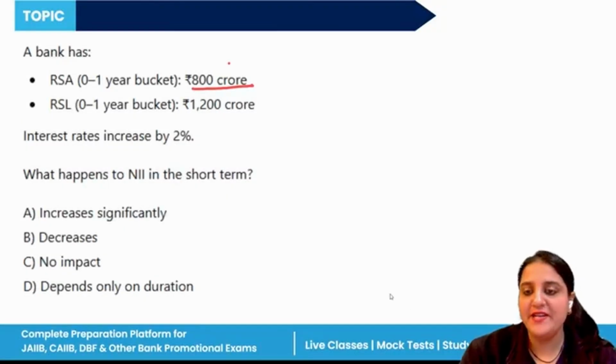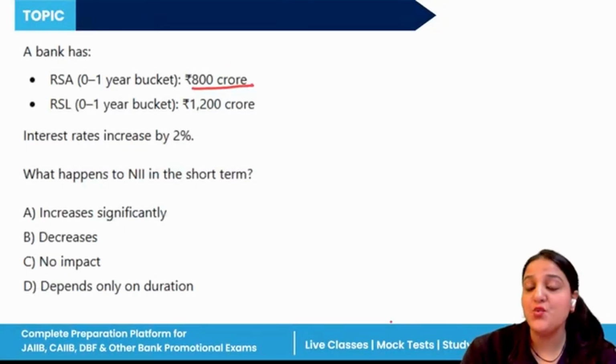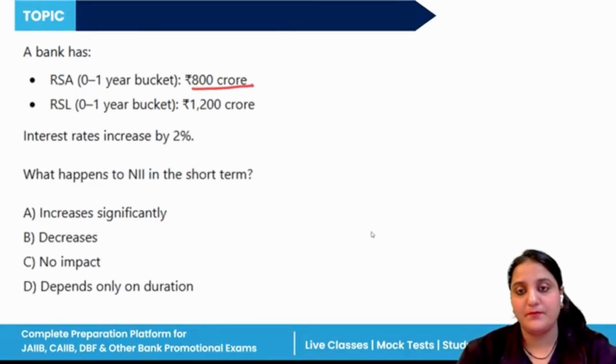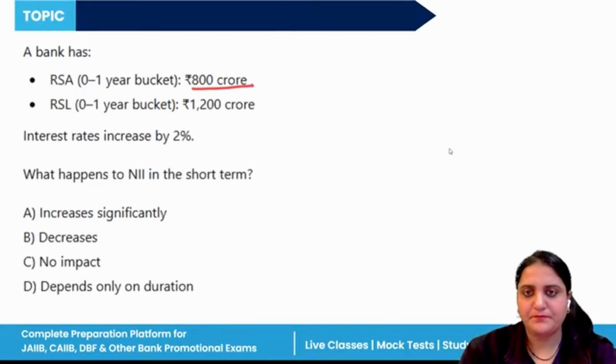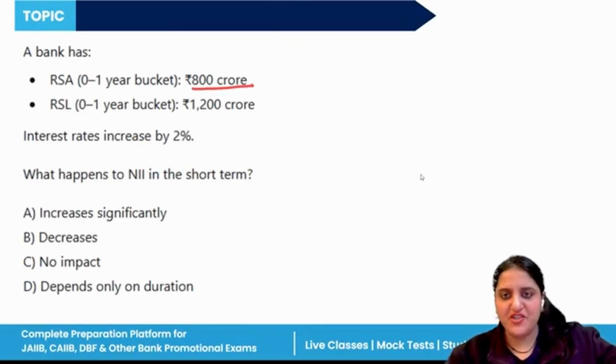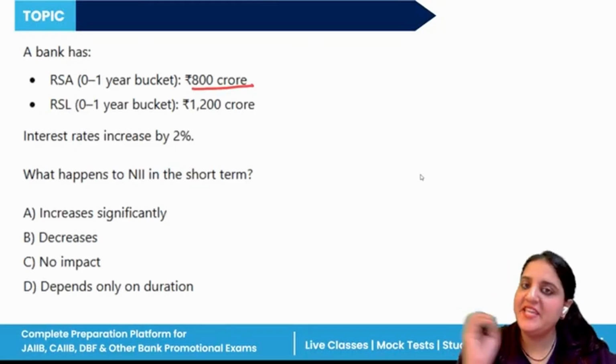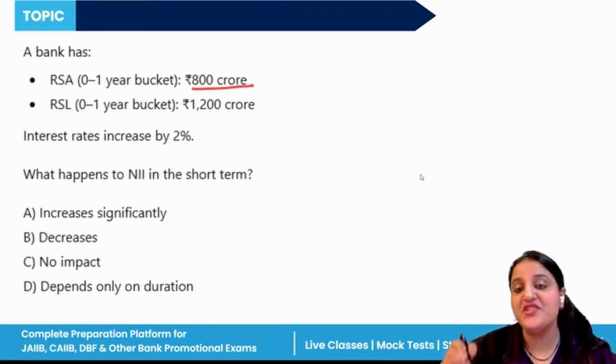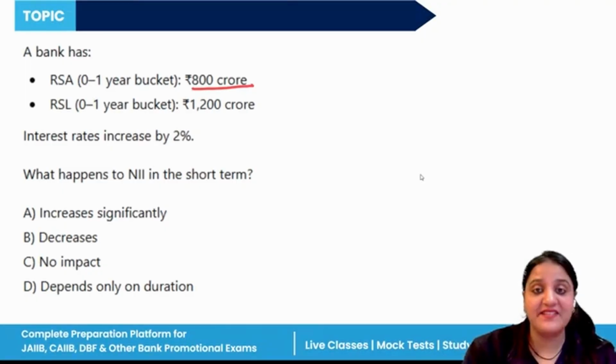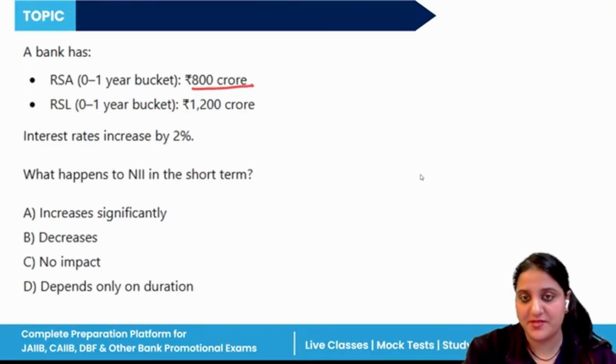So we have to find what happens to NII in the short term. See, a very simple answer. Imagine a bank manager gives 5-year fixed rate home loans, which are assets, but only accepts 1-year fixed deposits. After 1 year, the deposit rate increases sharply due to policy tightening.